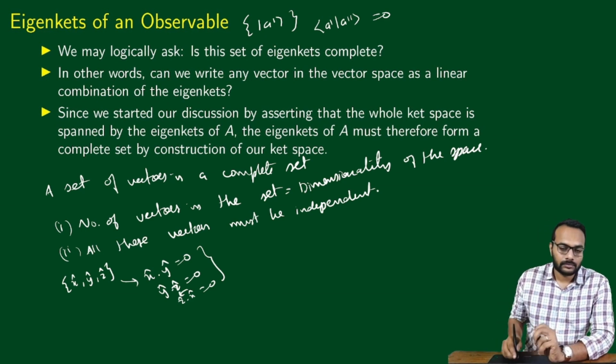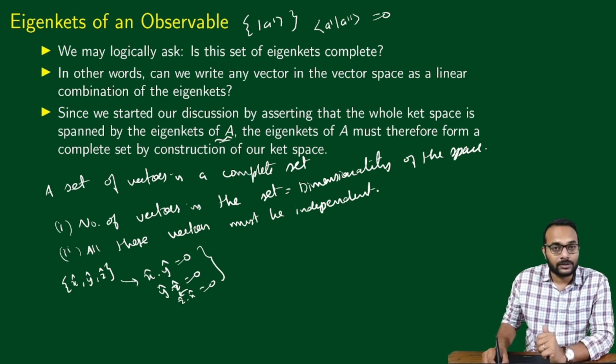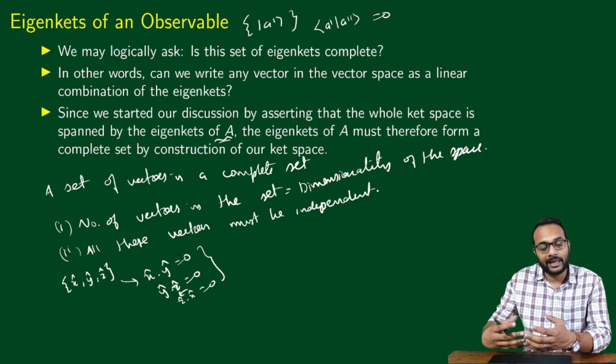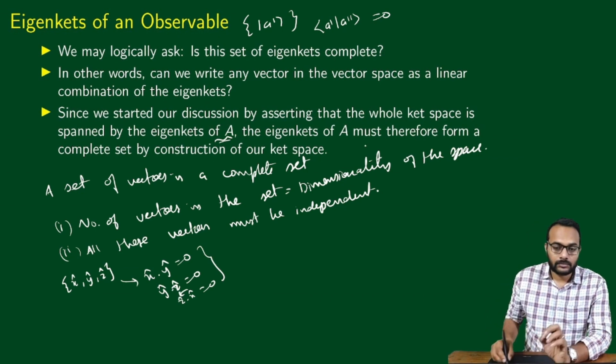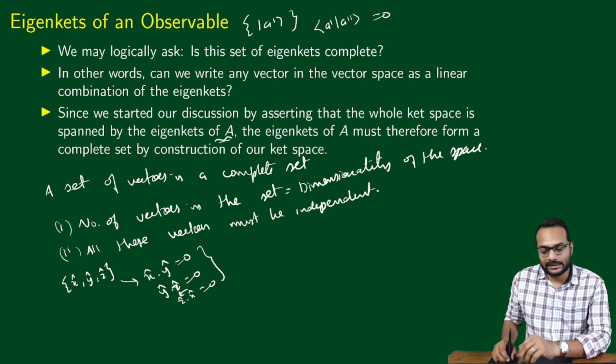Since we started our discussion by asserting that the whole ket space is spanned by the eigenkets of A, the vector space that we constructed was the span of the eigenkets of operator A. The eigenkets of A must therefore form a complete set by construction of our ket space. So it forms a complete set.